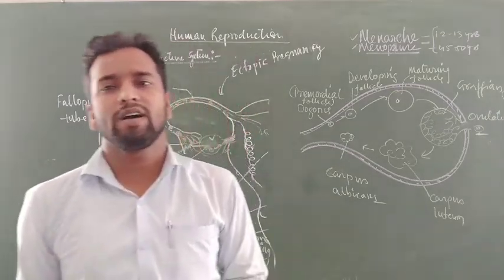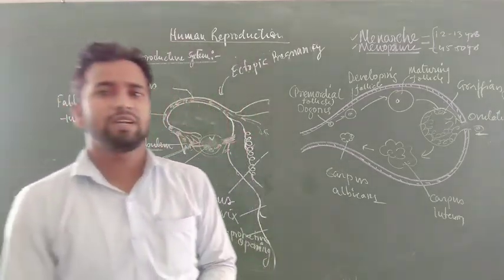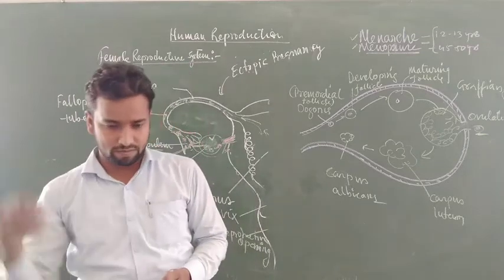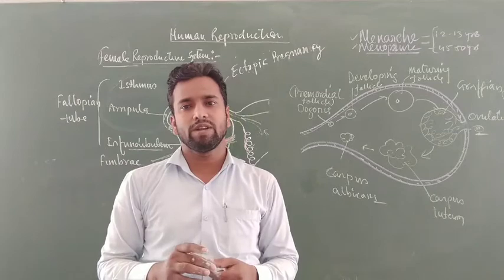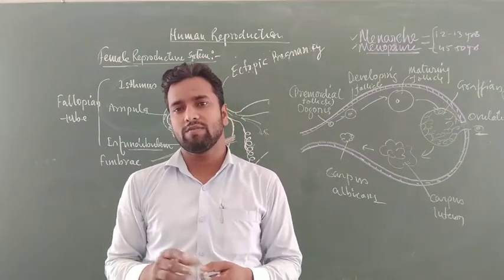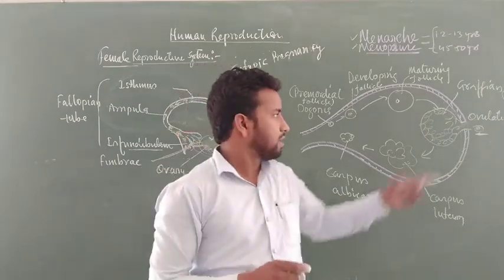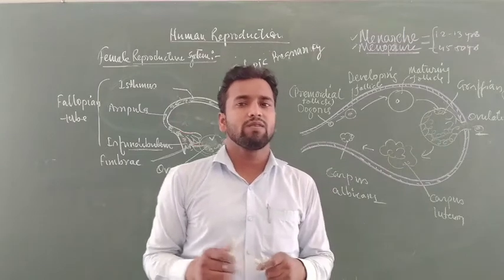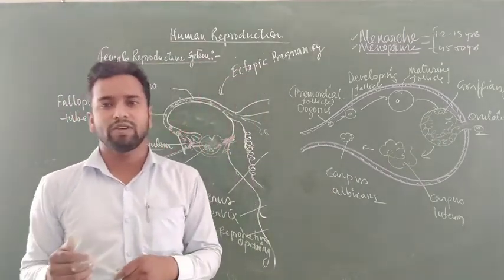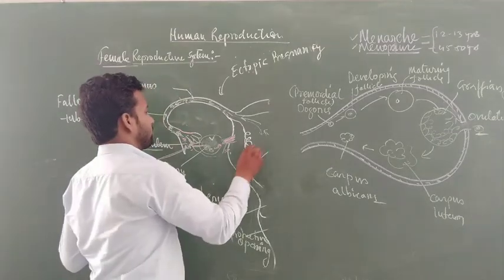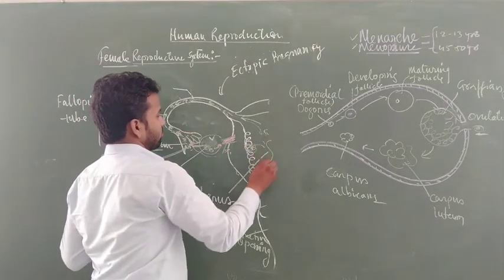The corpus luteum releases a hormone called progesterone, which is maintained throughout the gestation period. If the egg is fertilized to form a zygote, the zygote develops to form an embryo, and then it develops into the fetus.